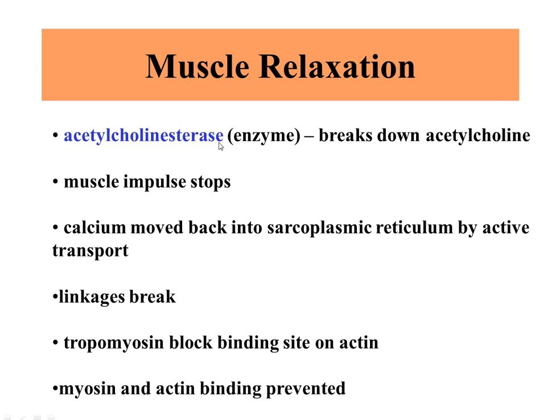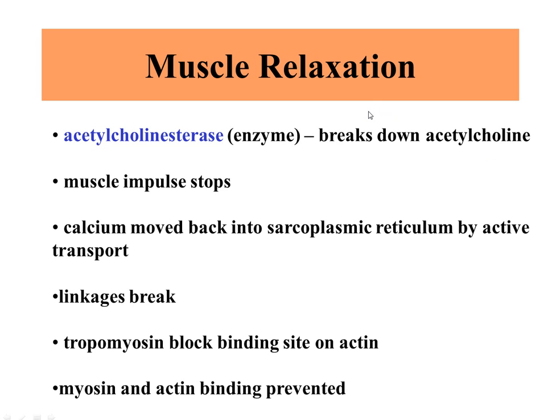Now, an enzyme is indicated by an ASE ending of the word. So anytime you see acetylcholine esterase, this ending, it indicates that it is an enzyme. And in this case, this enzyme's job is to break down acetylcholine into acetic acid and choline.